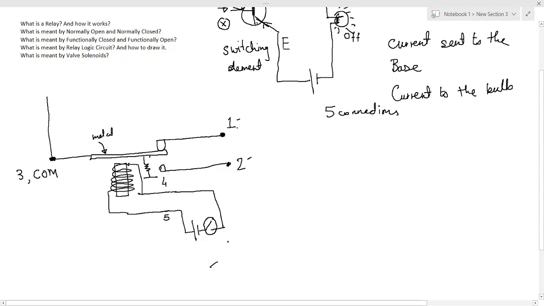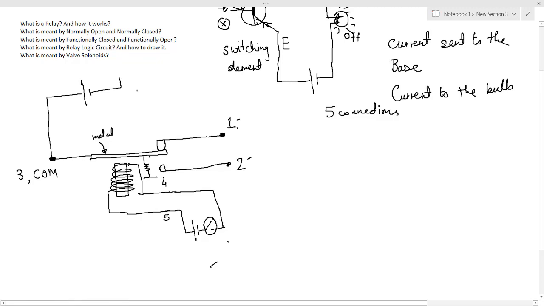If I put a circuit over here, what is going to happen? Initially when there is no current through this coil, the solenoid will be off. Because common is connected to 1, the bulb will glow.